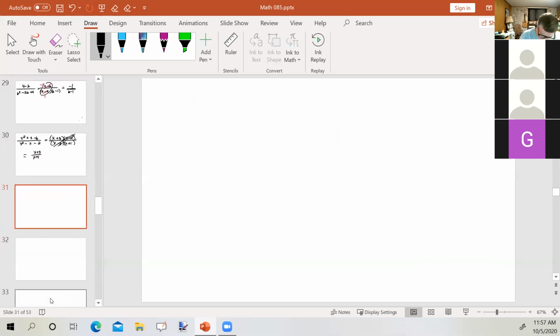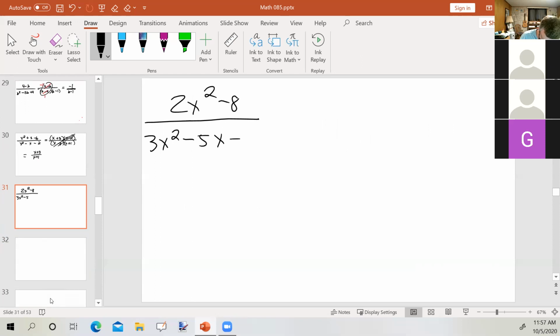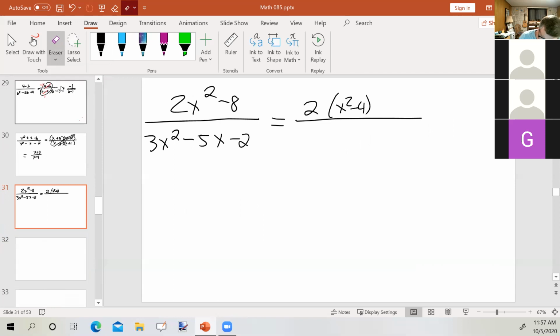This one. 2x squared minus 8 over 3x squared minus 5x minus 2. All right. On the top, I can take out a 2. But now I've got the difference of 2 squares.